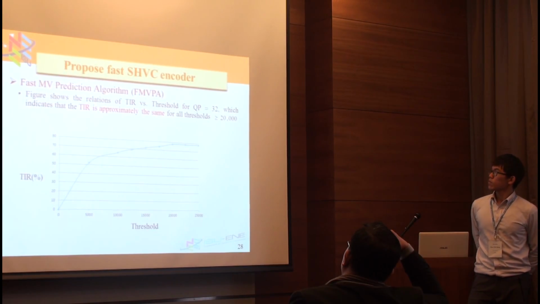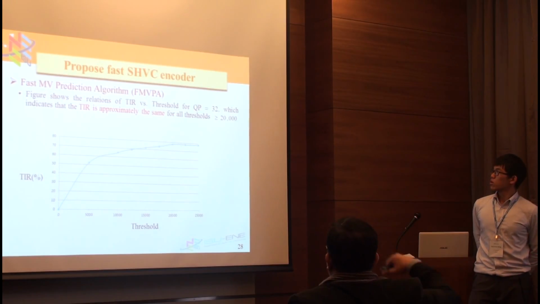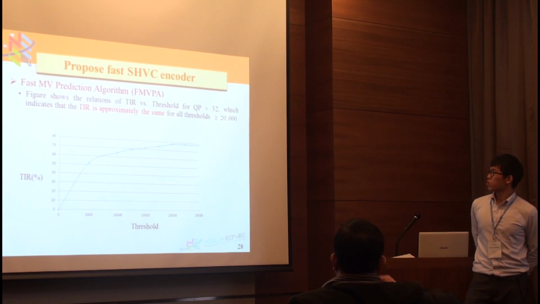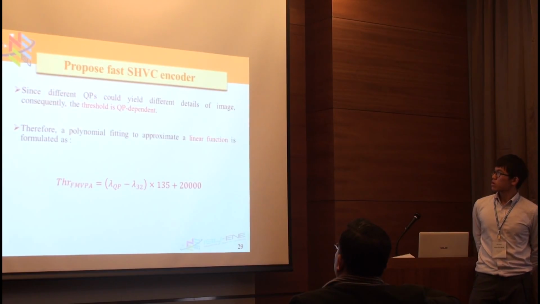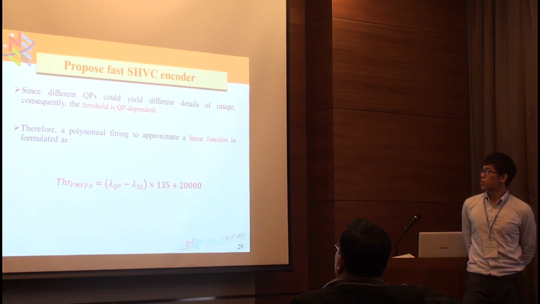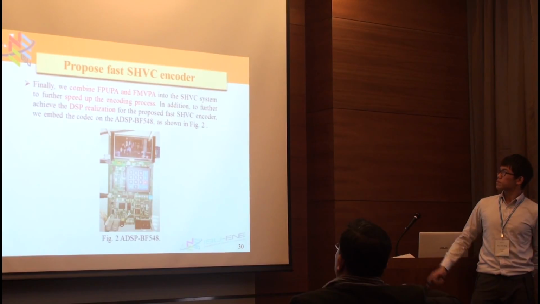And the figure shows the relation of the TIR and the threshold for QP equal to 32, which indicates that the TIR is approximately the same for all thresholds greater than or equal to 20,000. A polynomial fitting to approximate a linear function is formulated as follows.